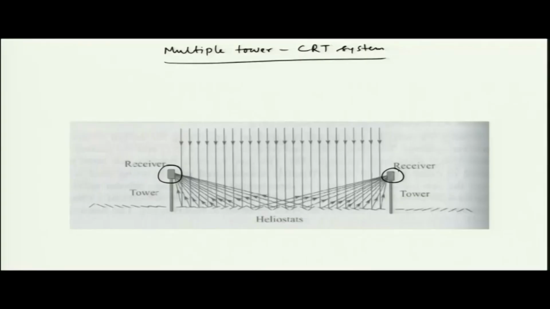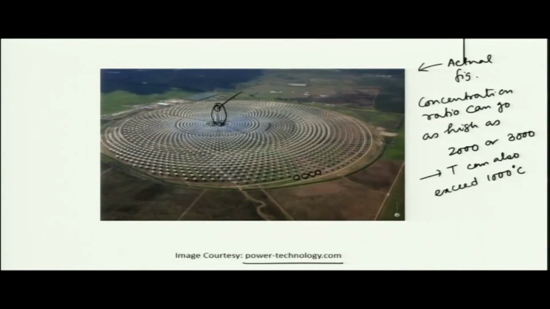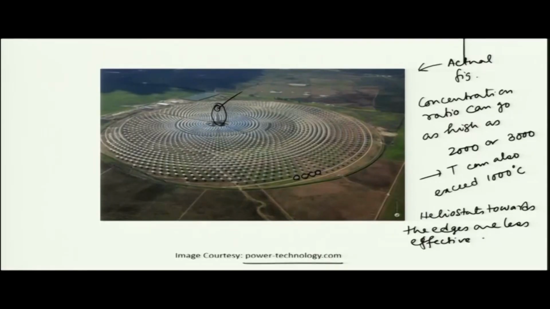There is a complete theory of that, but what we can say is that, like in the last figure, you can see heliostats towards the edges are less effective because of cosine loss.